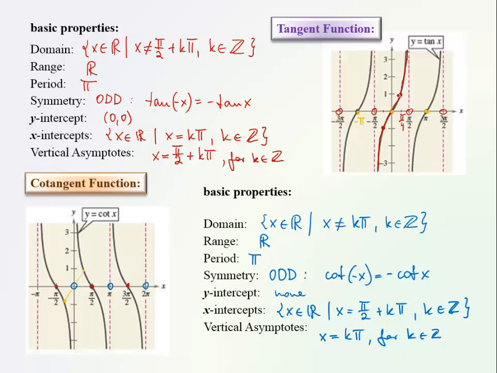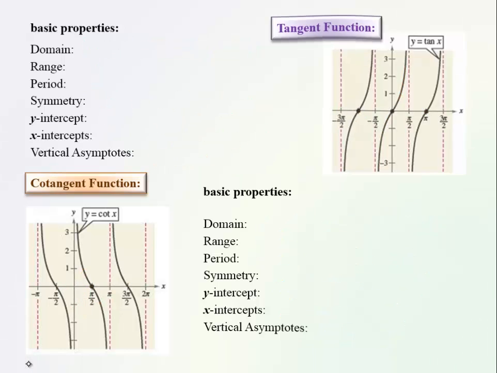So those points are on the graph. And for cotangent, again, pi quarter, and we see the value is 1, negative pi quarter, and we see that the value is negative 1. So those points are kept.